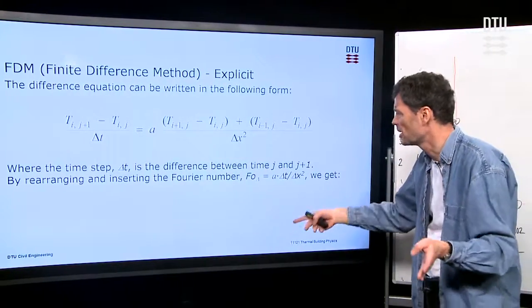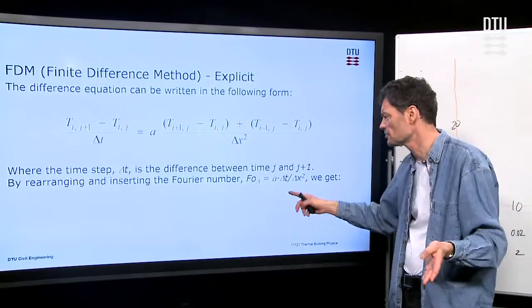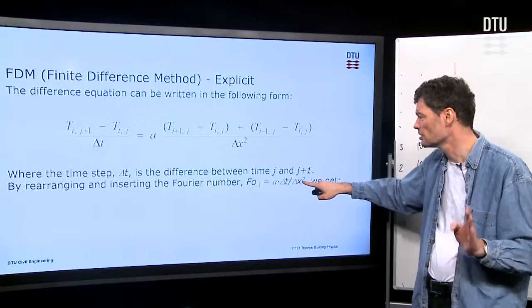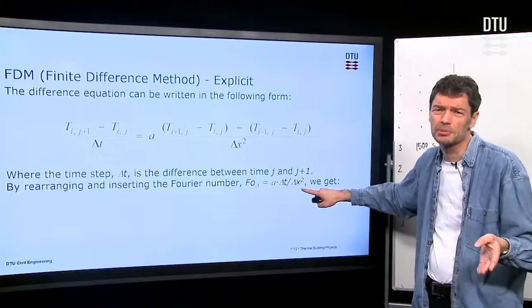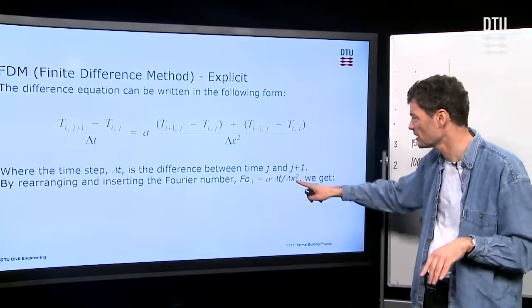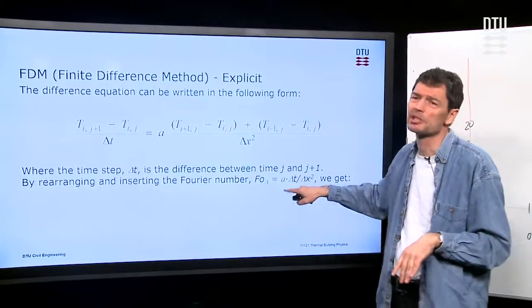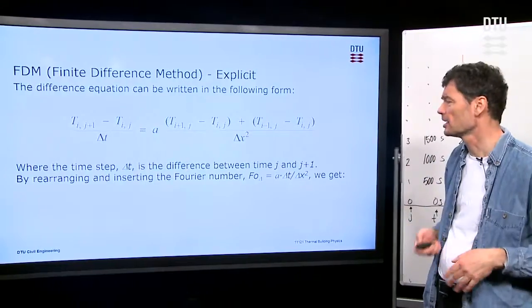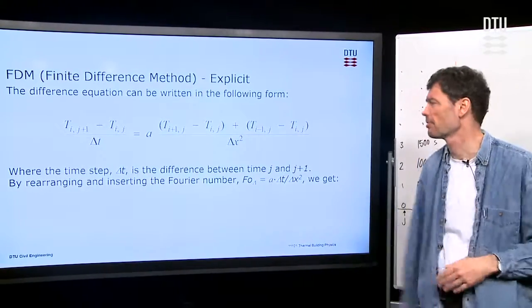We have to start with a time step, but to make it dimensionless, we should divide by something which is space squared. So that's delta x, our space step, squared, and we multiply with the thermal property of the material, the thermal diffusivity. Then we get dimensionless time steps.